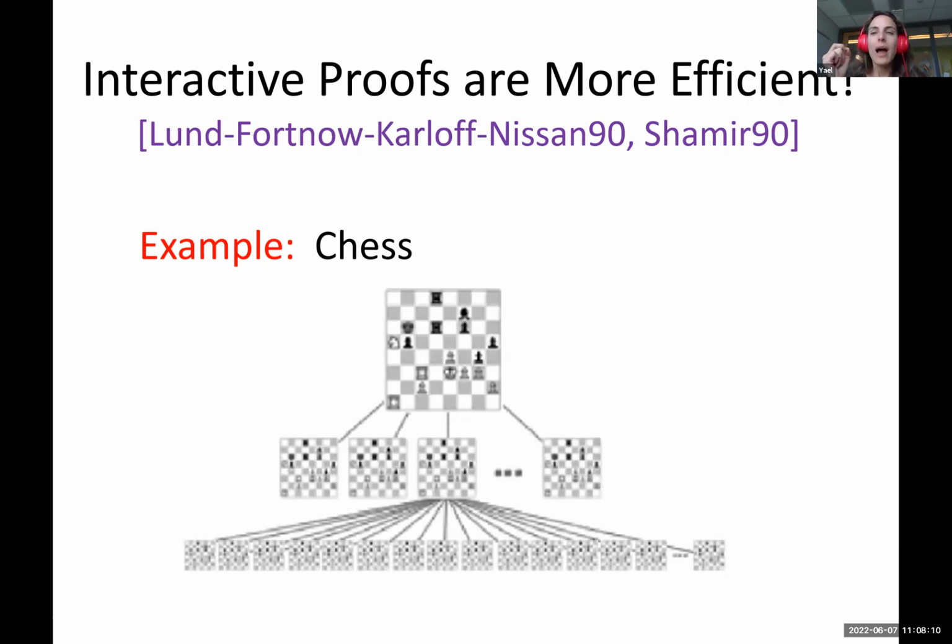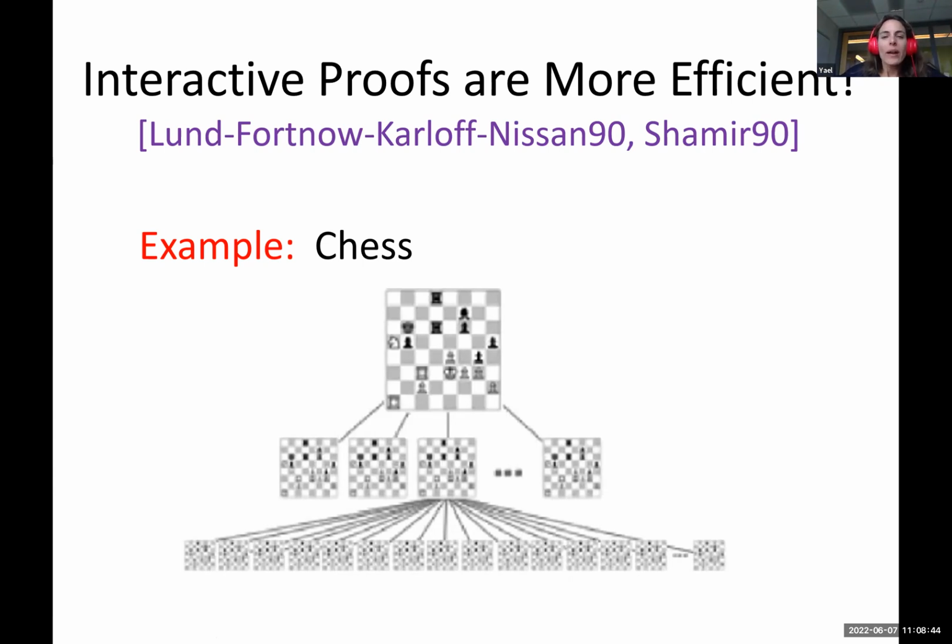Now note, in order to prove that using a classical proof, the classical proof is going to be really long. Because the only way I know how to do it is to say the following. No matter which move the white player makes, there is a move for the black player, such that no matter which move the white player makes, there is a move for the black player, and such that no matter what, the black player is going to win.